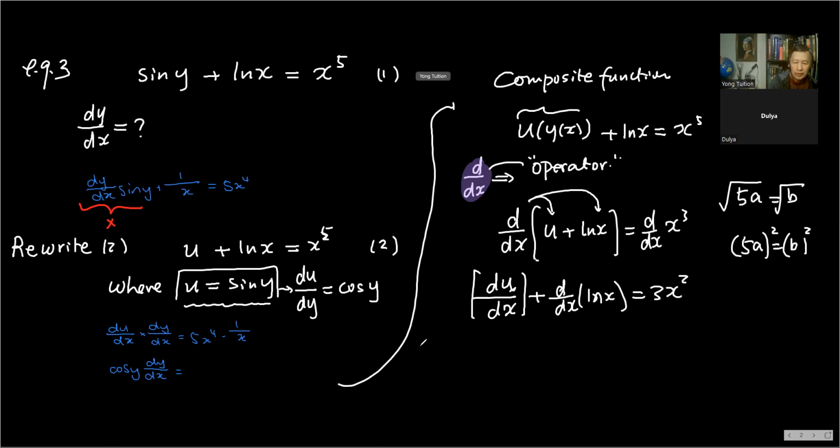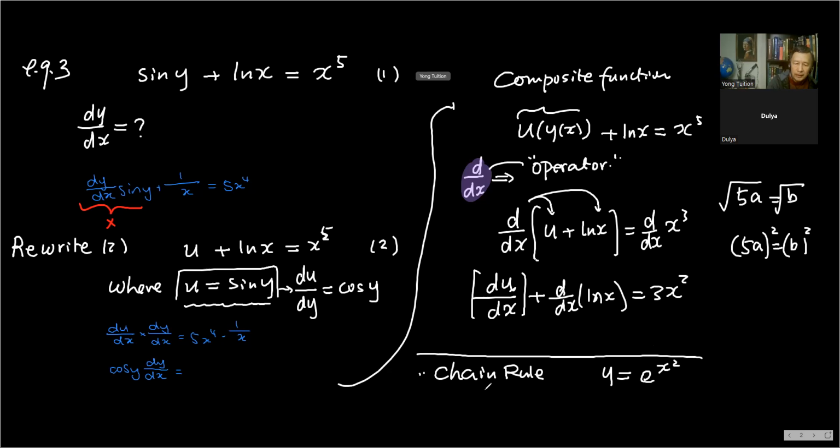Let's recall it. If you have y equal to, say, e to the power of x squared, we cannot find the first derivative easily.